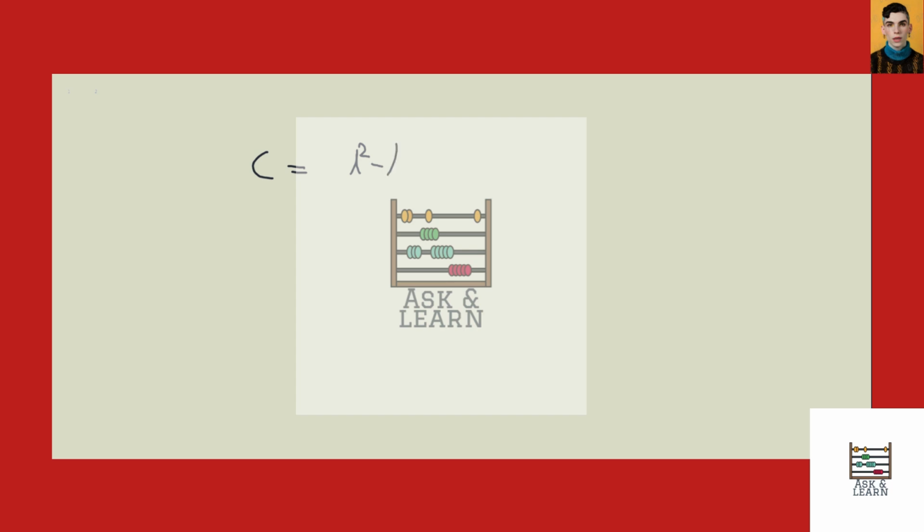(L square minus Lx) times epsilon naught divided by D plus Lx epsilon naught K divided by D, which is equal to L square epsilon naught.